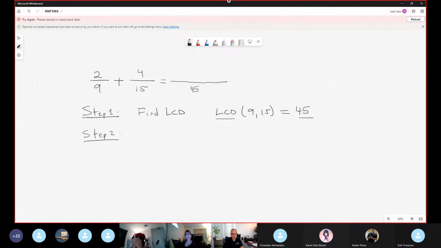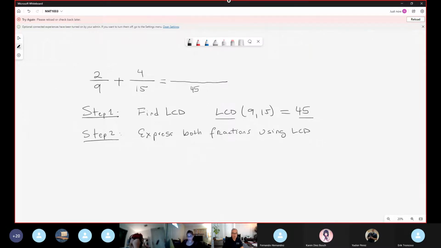is express both fractions using the LCD.